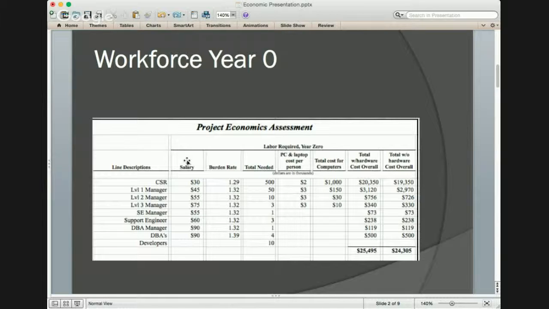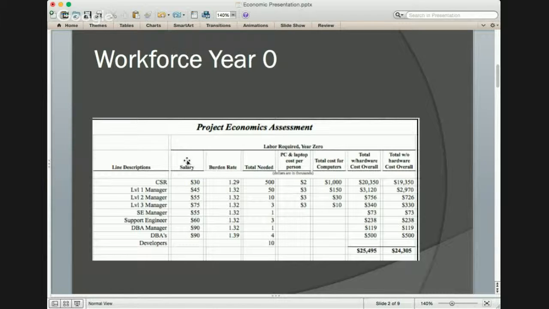All these numbers are in thousands, so they're making $30,000 a year. They'll have a specified burden rate, the total needed. So there will be 500 CSR customer service representatives needed, cut down by half from the previous 1,000.